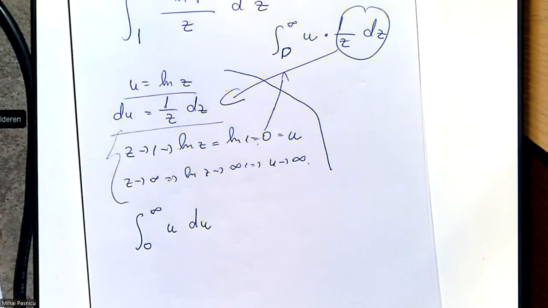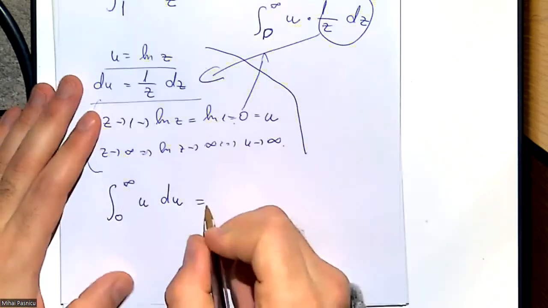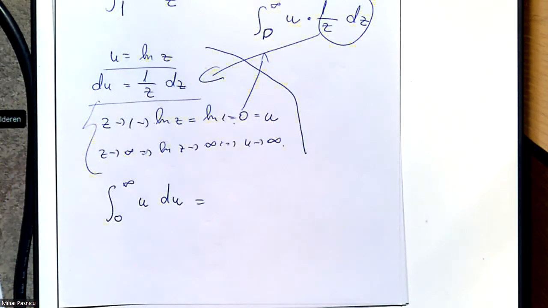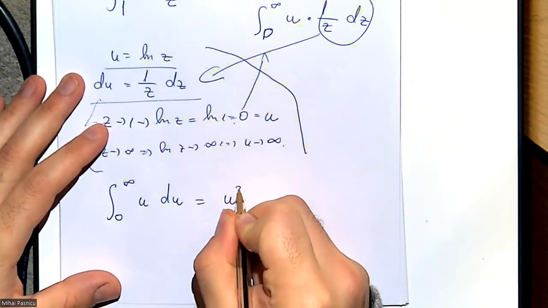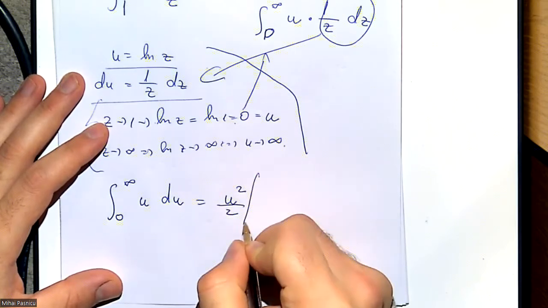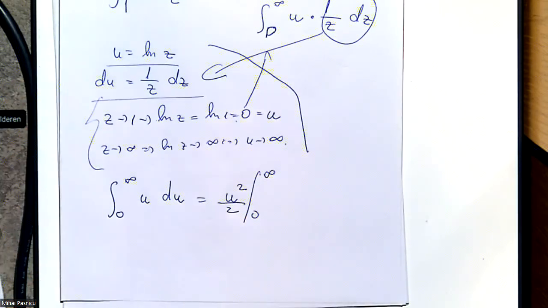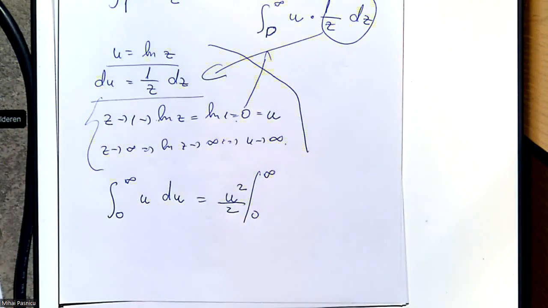Okay? And this is just, remember, u squared over 2 from 0 to infinity. And here's the problem. Remember, I told you that infinity is not a number. So how do we deal with this?